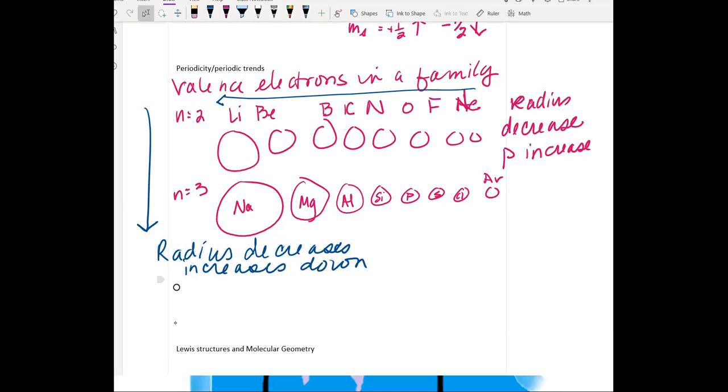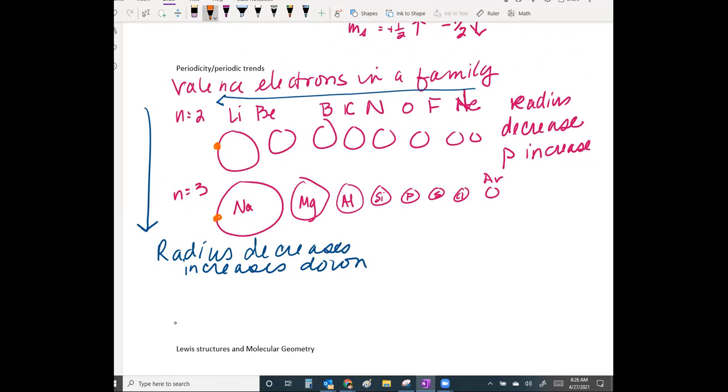Now, if you have an electron out here, it's going to be easier to pull off the further it is from the nucleus. So the ionization energy, the bigger the atom is, the smaller the energy is going to be. It's going to be easier. So ionization energy is the ability to remove an electron.